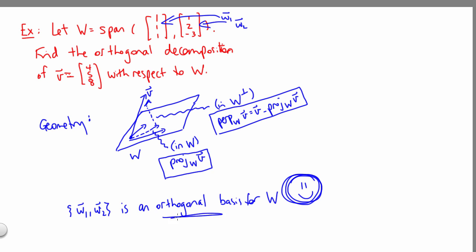If you've got an orthogonal basis for a subspace, then to get the projection of any vector onto that subspace, you're just going to project V onto the first basis vector. So we'll do V dot W1 over W1 dot W1 times W1, and then we'll project it onto the second basis vector as well and just sum up those projections.